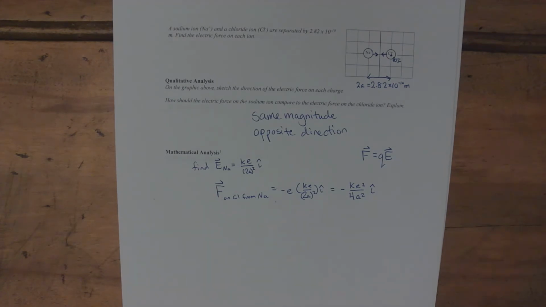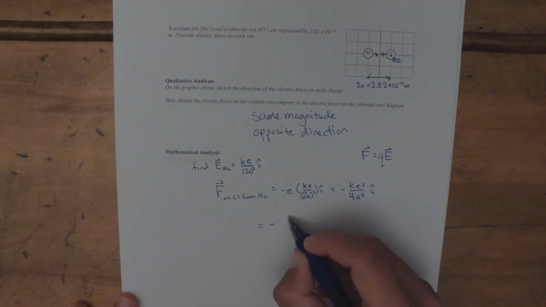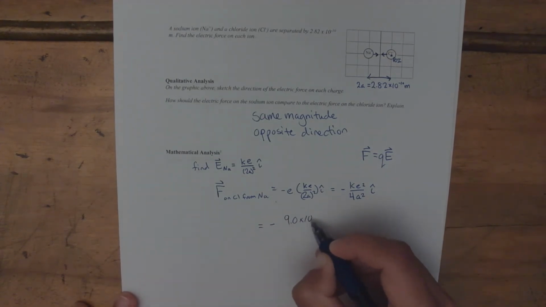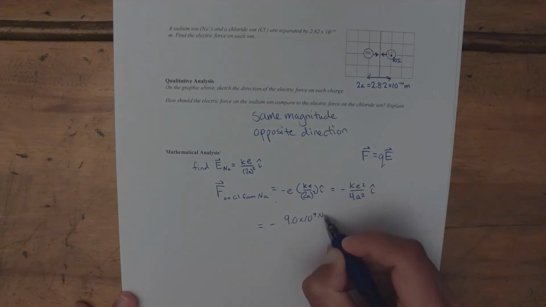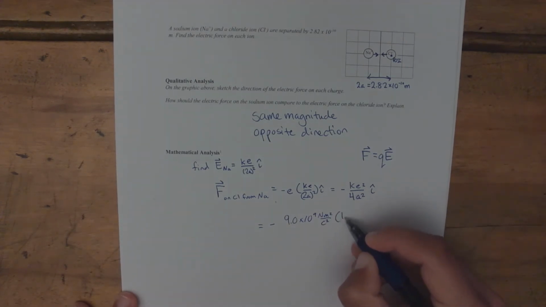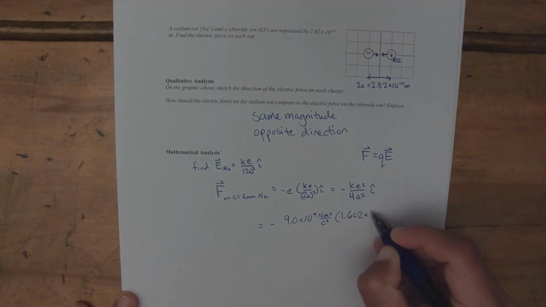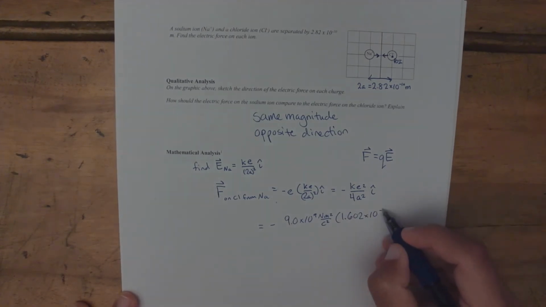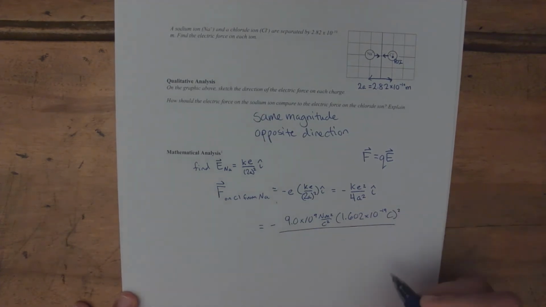So now I just have to put in some numbers, and I have 9 times 10 to the 9th newtons times meter squared per coulomb squared. e is 1.602 times 10 to the negative 19th. You don't have to use as many significant figures as I did there.